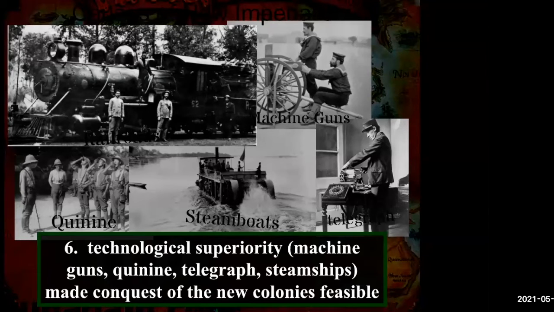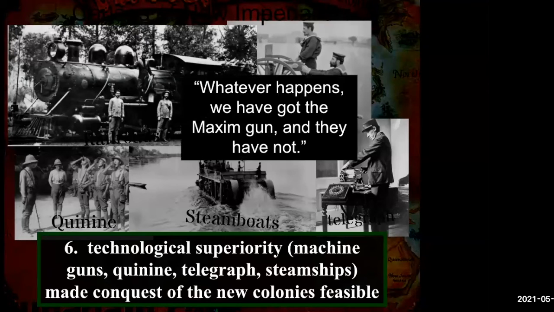Africa, as well as new military technology, such as the Maxim gun. Now, you've probably heard of the Maxim gun before, but you've heard of it as a machine gun. Obviously, a machine gun is going to be more effective than muskets or regular gunpowder weaponry from period 2.